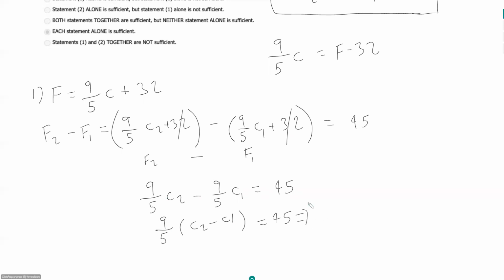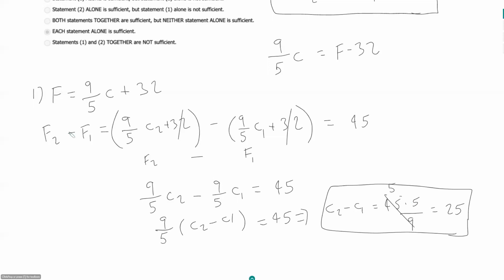And therefore we get C2 minus C1, or the difference between our Celsius temperatures, is equal to 45 times 5/9, which is 25. So that was just our first statement, so the first statement is sufficient.